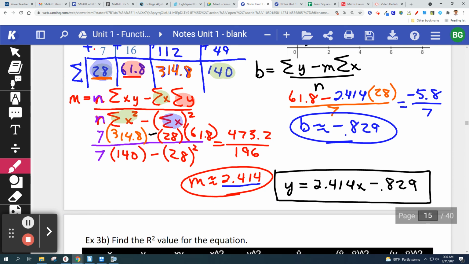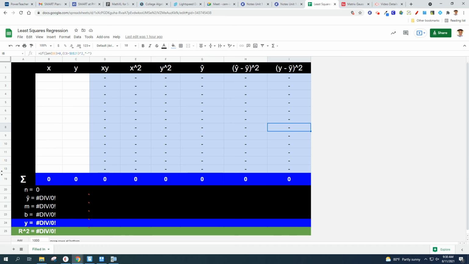All right, questions? Now, check it out. I want you to go to this spreadsheet, because this spreadsheet is going to do all the calculations for you. All you have to do is enter in the data points.